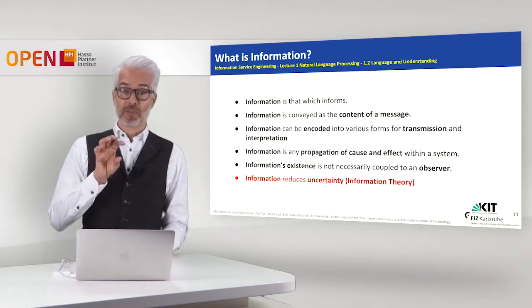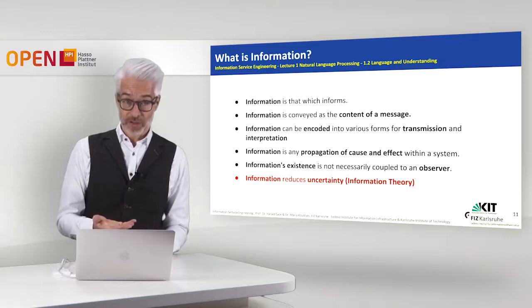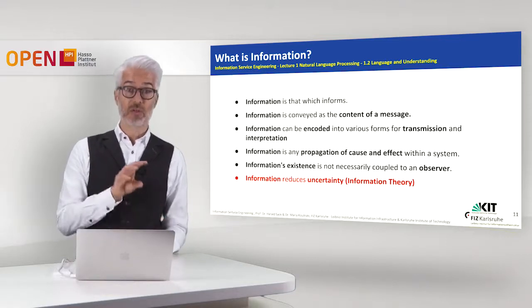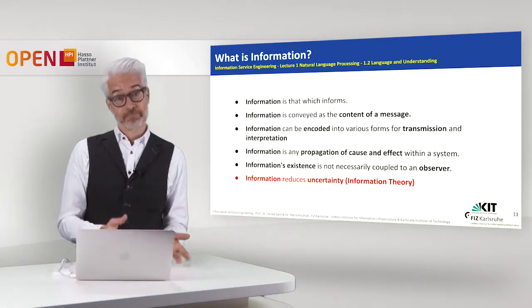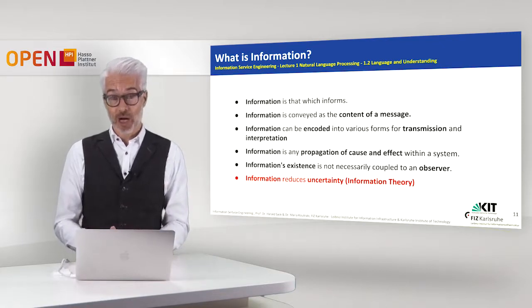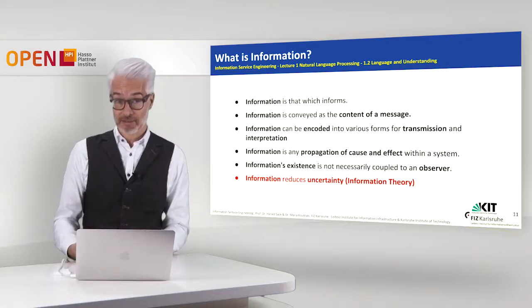But from a statistical point of view, and from the point of view of information theory, the most important definition of information is that information reduces uncertainty. What does that mean? Simply, the more information you have, the more certain you are about the fact that is communicated.